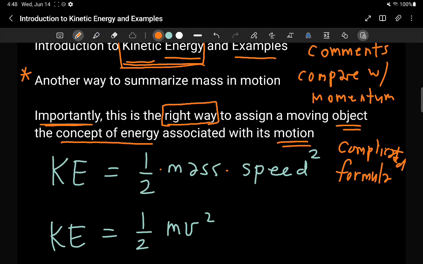So the way that you properly calculate and think about the energy associated with an object moving is you first take the mass, you multiply by the speed squared. You see this little 2 up here? You multiply by the speed squared, and then multiply all of that by 1/2.